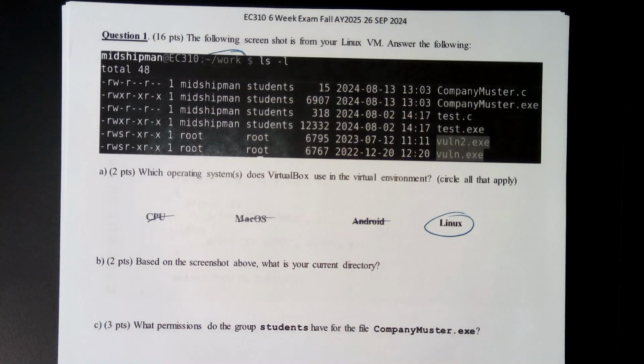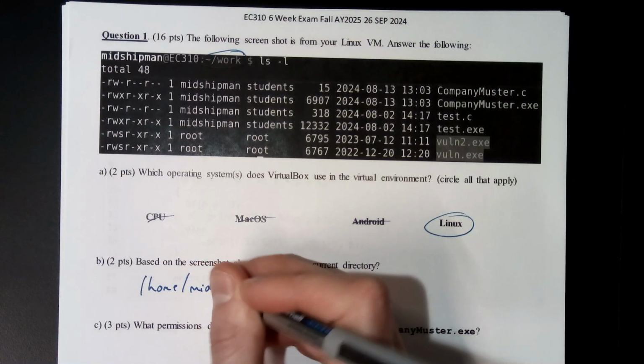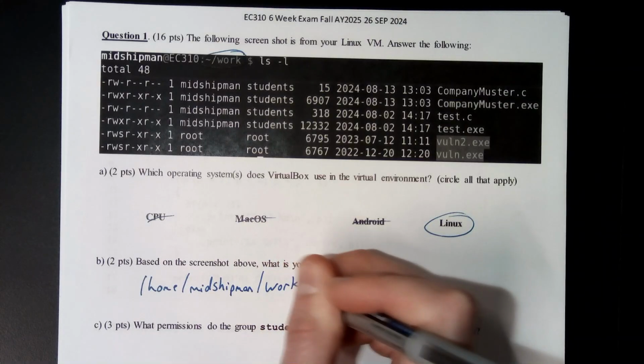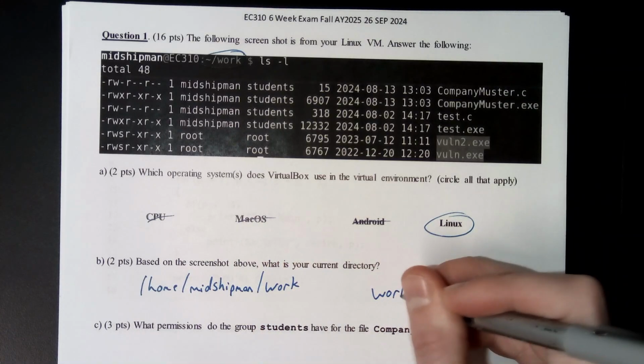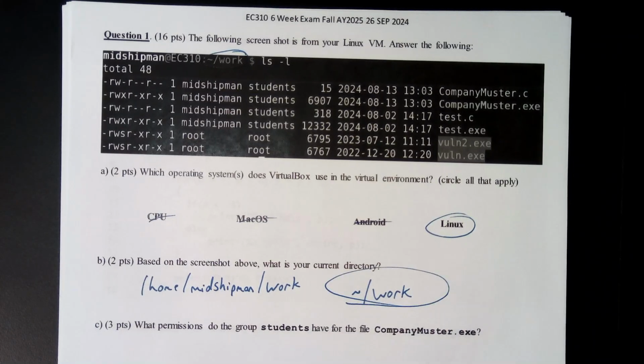So you're actually in /home/midshipman/work. But I think mainly you need to know that you are in tilde/work. So either of those answers would be correct, but tilde/work is the main one we would be looking for.